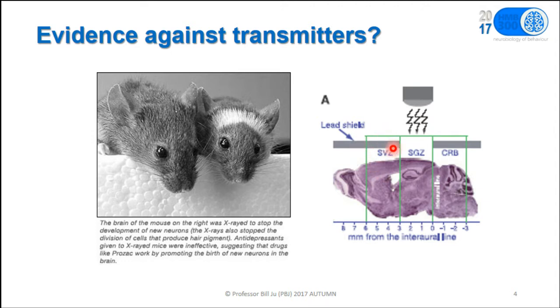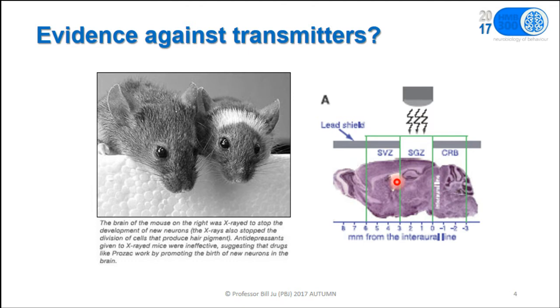So there's lead shielding here, and there's lead shielding here. And this little gap that you see is where the mouse brain, directly underneath, has been subjected to really high intensity X-ray radiation. By doing so, not only have you damaged the hair follicles, which is why you get that white band, but you've also irradiated at very high doses this area that we're interested in, which is the hippocampus.